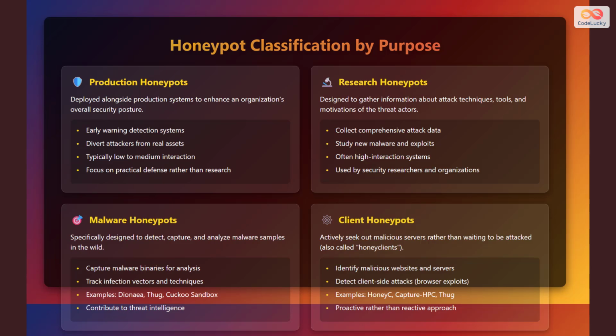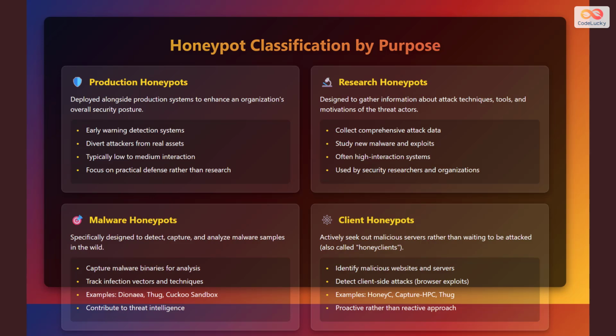Then there are research honeypots, which are designed to gather information about attack techniques, tools, and the motivations of threat actors. These honeypots collect comprehensive attack data and study new malware and exploits. They're often high-interaction systems and are used by security researchers and organizations.